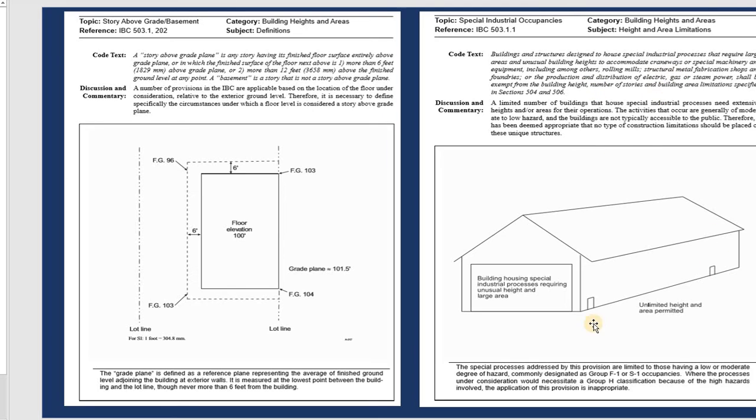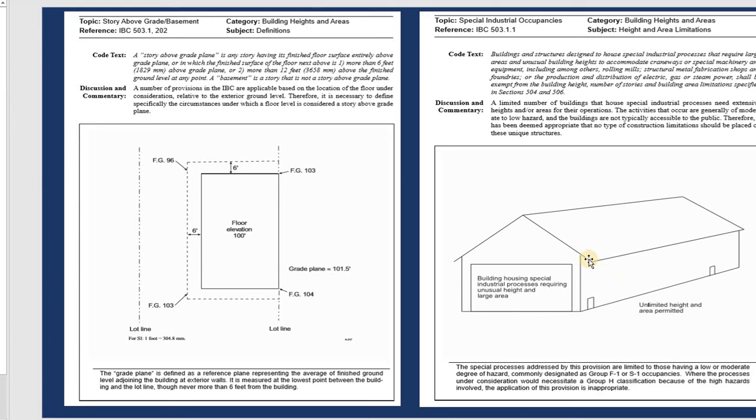If you have a very big building, it can have unlimited height and area permit. Some buildings are used for industrial purposes, and they require a large height, an unusual height.